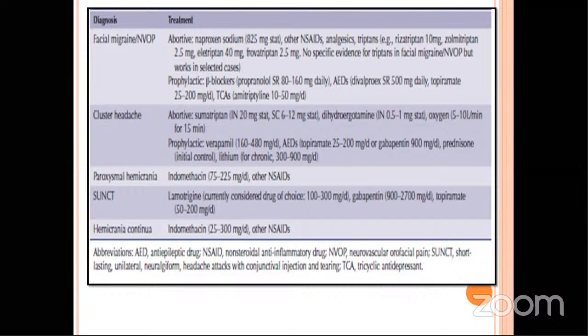So here you can see words like abortive and prophylactic. Let me just explain the meaning. Abortive means before the headache comes. So these are some of the types of headaches where the patient will have episodes. Only some people, with migraine or cluster headache, will know beforehand. But before the headache comes, these patients may experience certain symptoms.